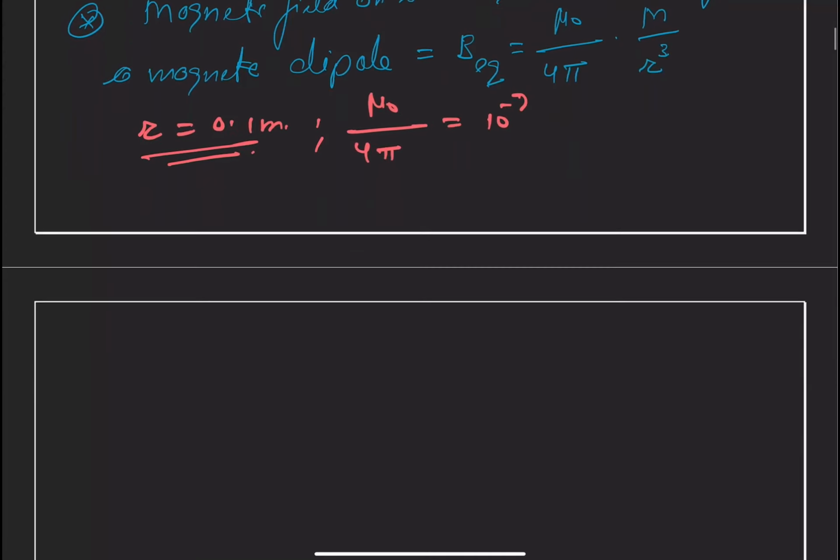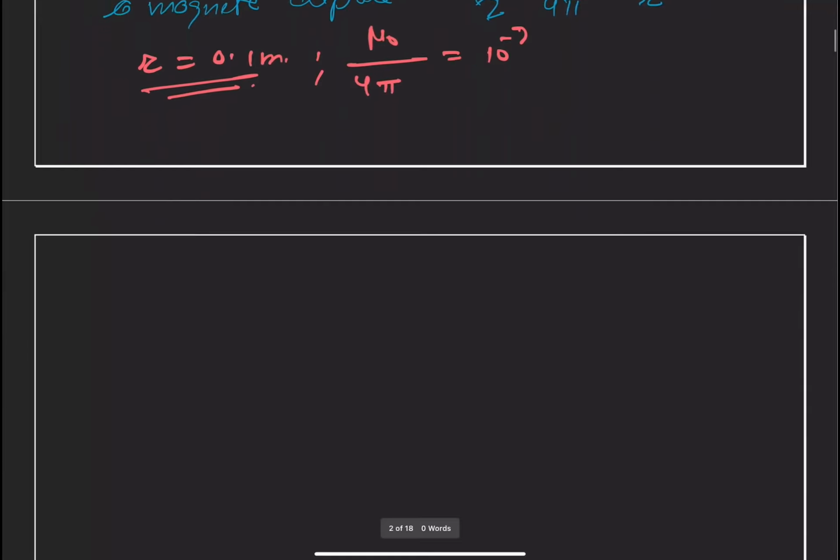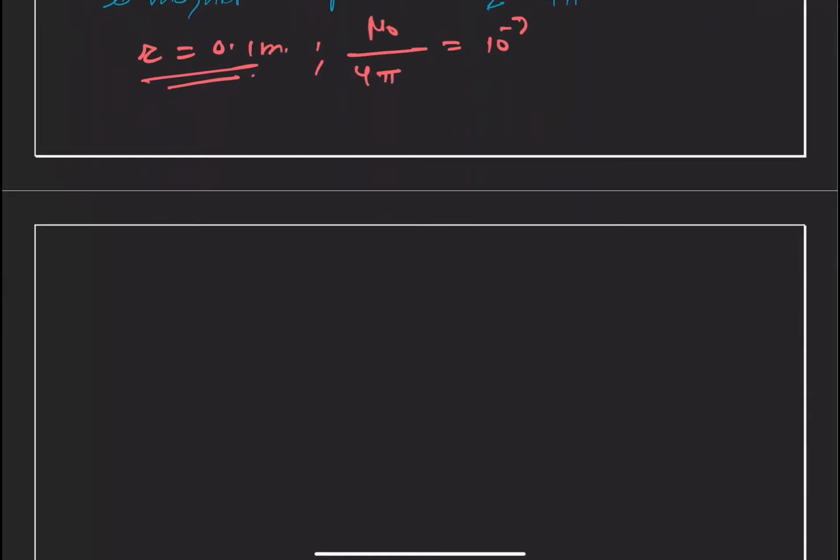So now we can apply this equation 1 to the two separate magnets. So for magnet 1, we can write B1 is equal to 10 to the power minus 7 multiplied by 1.2 upon 0.1 whole cube.